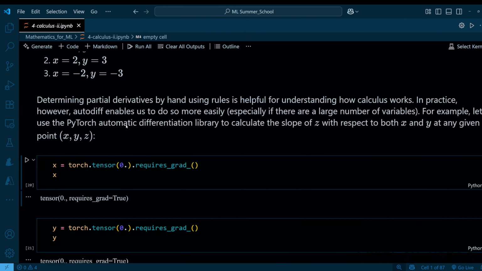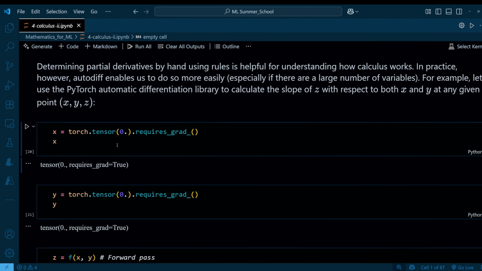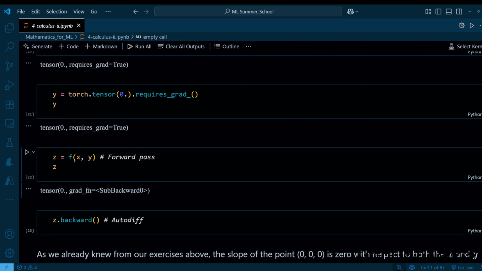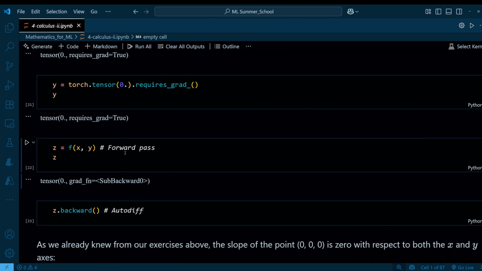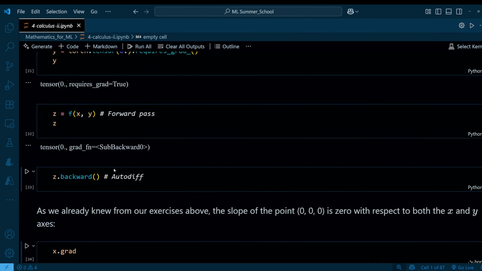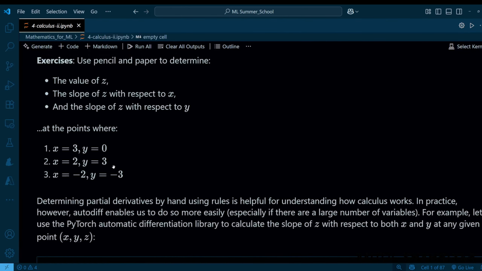Is a tensor required grad? Just like before, if we set the value x equal to 0, y equal to 0, and z equal to f of x, y, and we do a forward and backward pass, the x grad is 0. That's for the function we have.